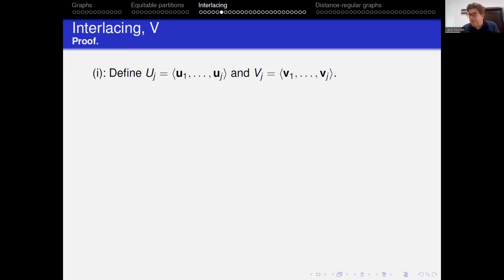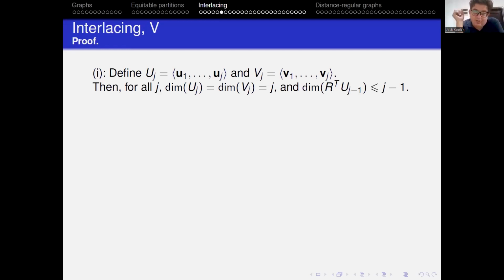So I forgot to introduce this earlier. U_j is the vector space spanned by U1 to Uj, and P_j is the space spanned by V1 to Vj.